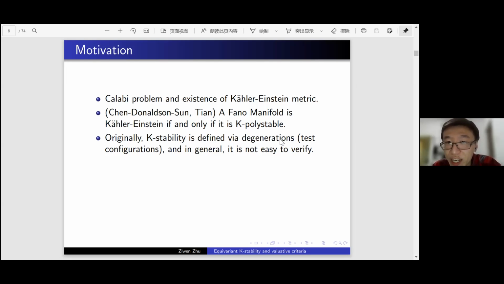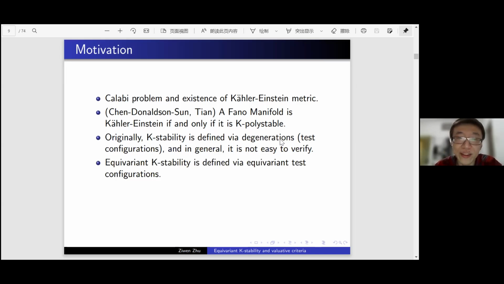But if we want to check whether it's K-polystable using the original definition via degenerations, it's quite hard. It's not very direct to see why projective space is K-polystable. So in reality, this definition is really hard to work with.